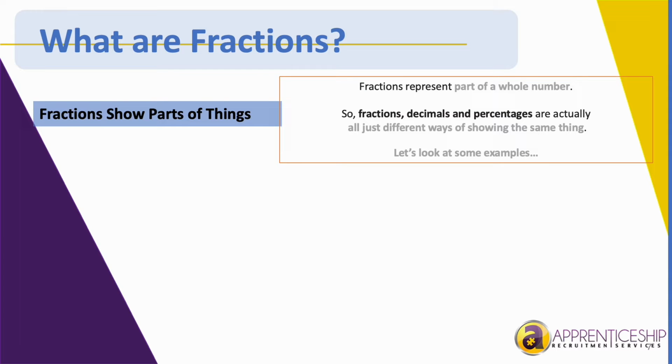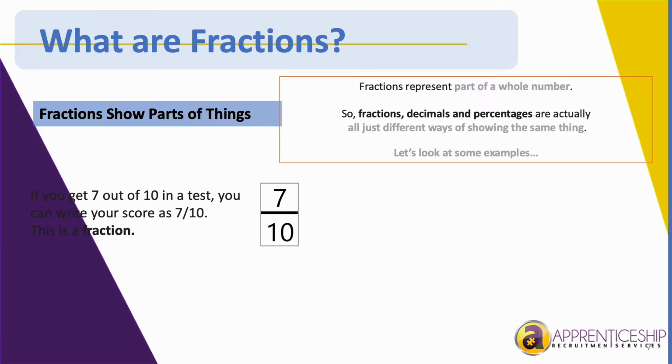As we've mentioned, fractions represent part of a whole number. Fractions, decimals and percentages are actually just different ways of showing the same thing. If you get 7 out of 10 in a test, you can write your score as 7/10, but you can also write it as a decimal. The way we do that is the top number divided by the bottom.